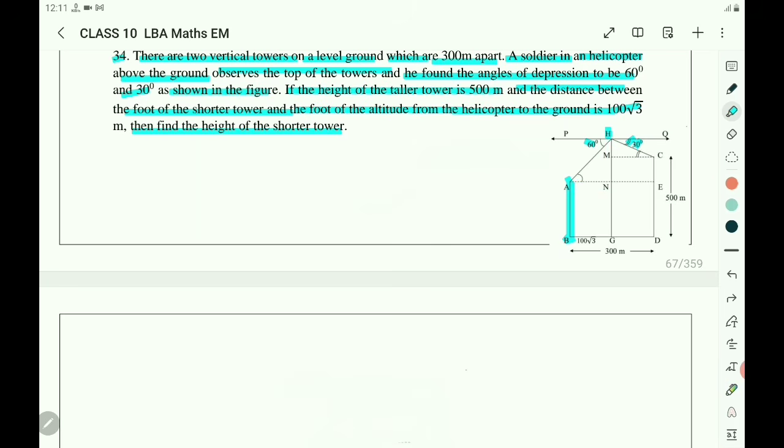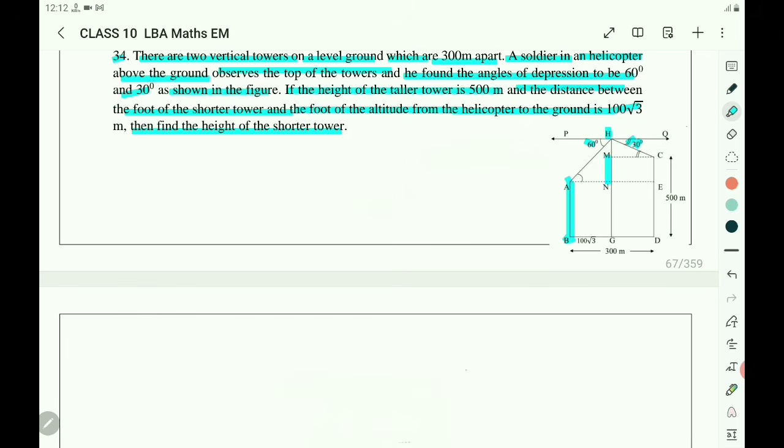Here AN and BG are equal, and they measure 100 root 3, and we need HM. Why is HM required? We have to subtract CE from the length CD. To get CE, we need MN. To get MN, we need HM. HN minus HM is equal to MN.